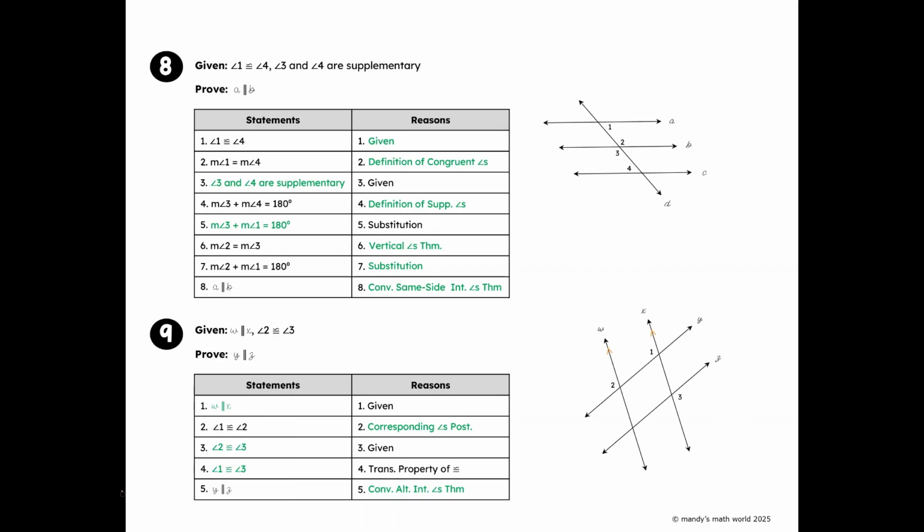The alternate exterior angles, right here. The alternate exterior angles theorem. So I can conclude Y is parallel to Z by the converse of the alternate exterior angles theorem, right? They're on the outside of those two parallel lines.